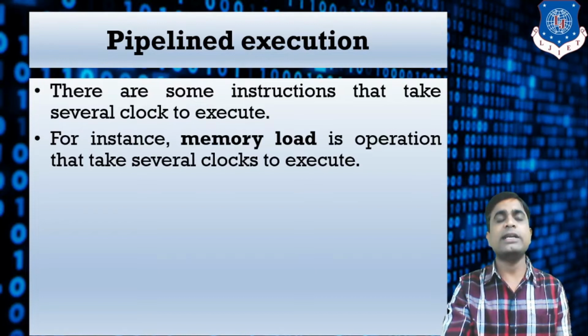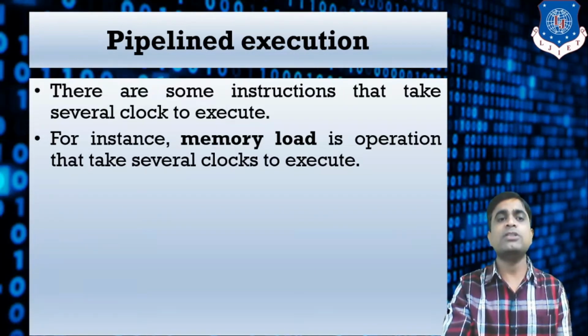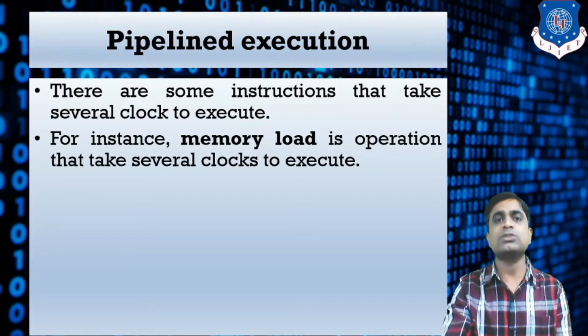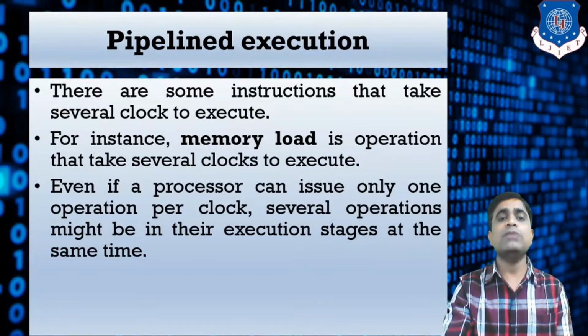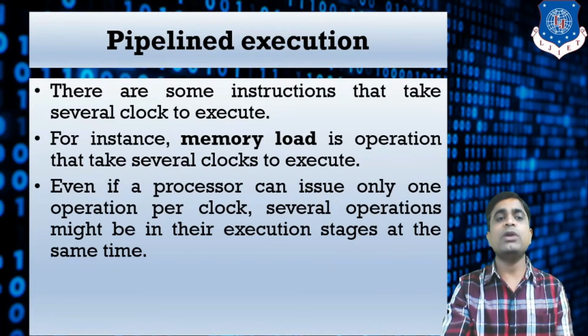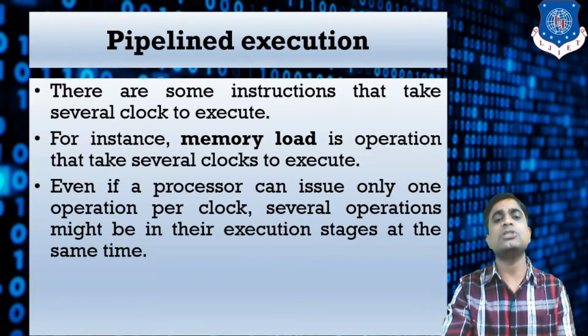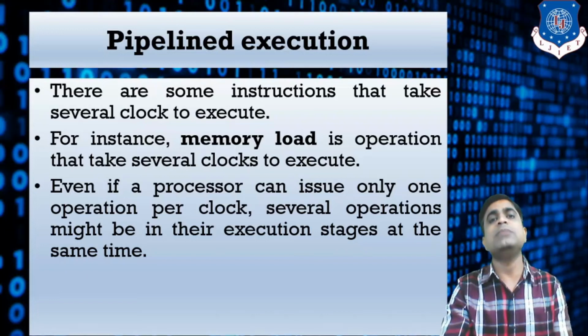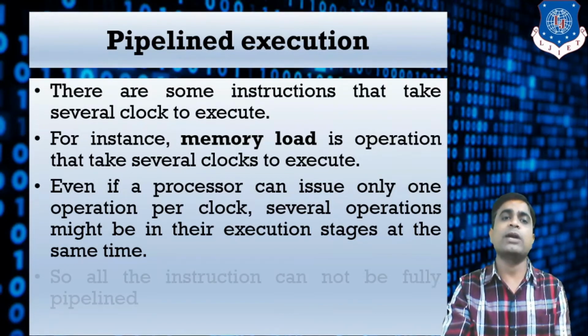For instance, a memory load is an operation that takes several clocks to execute. So even if a processor can issue only one operation per clock, several operations might be in their execution state at the same time, because of dependencies in the program.